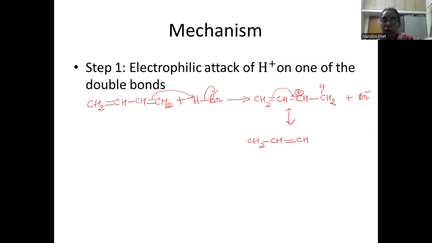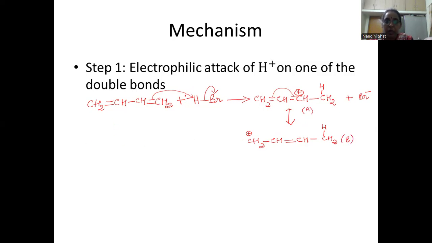Now because of the shifting of electrons, there is no positive charge on this carbon. Instead of that, the positive charge shifts to CH2 here. And of course, this remains as it is. Okay. So two carbocations are formed. First one is straightforward and second one is obtained by writing the resonance structure. So let me name this as A and this carbocation as B.